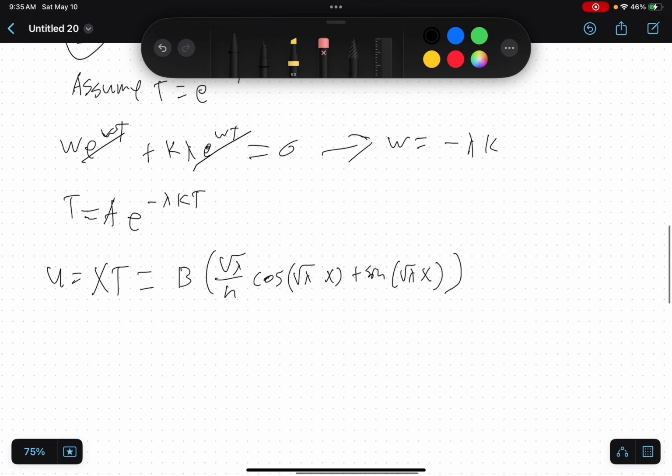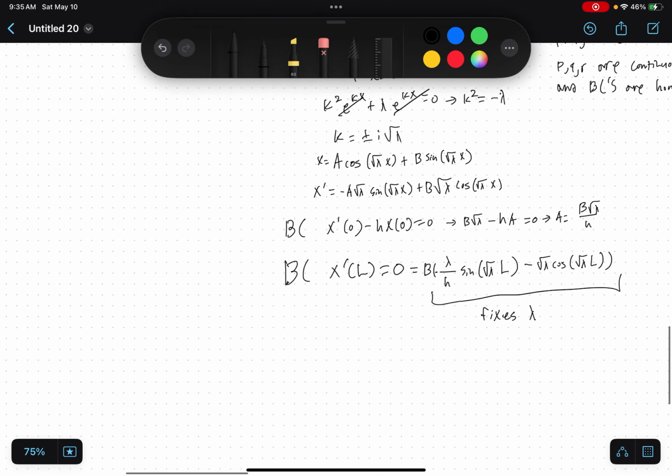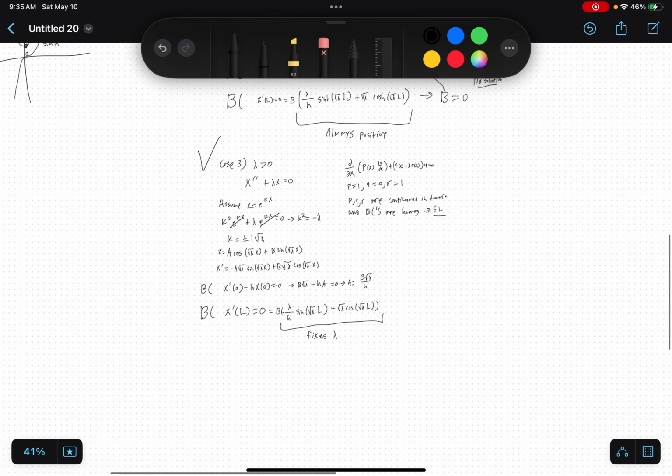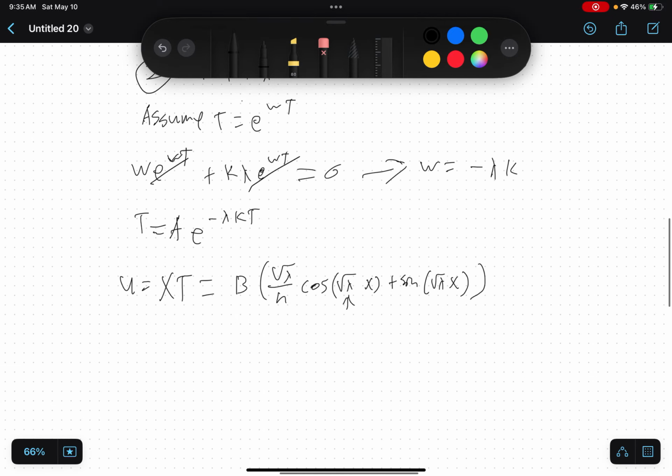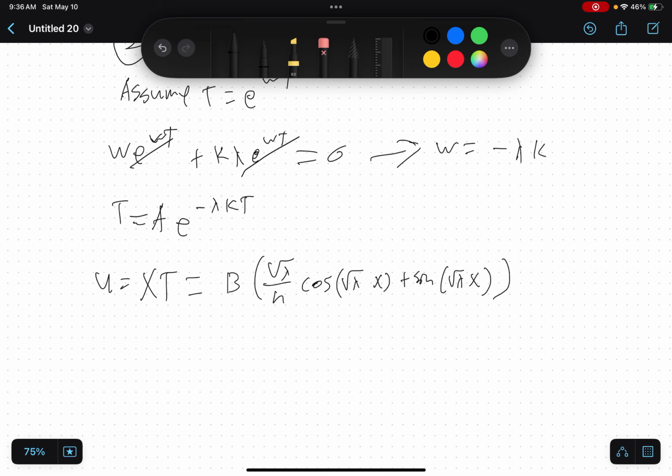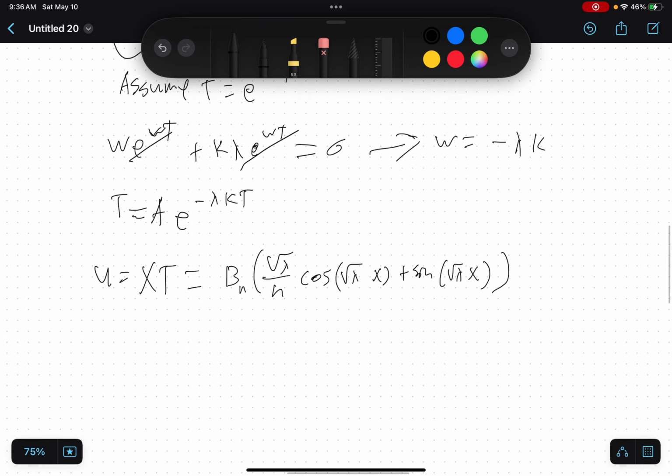Technically this one's X prime, but okay. And like I mentioned before, lambda is not an unknown number. We know it now because we used MATLAB and solved for all of the possible numbers that lambda could be, and it's an infinite number of numbers. So technically, I have to write Bn because there's also a constant for each associated number, but that's fine.